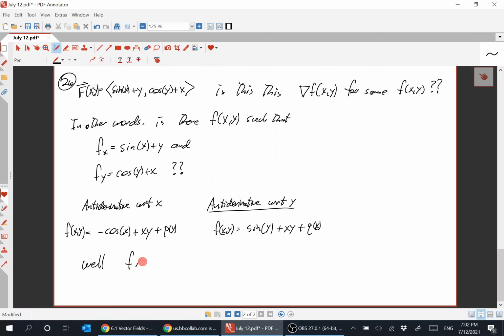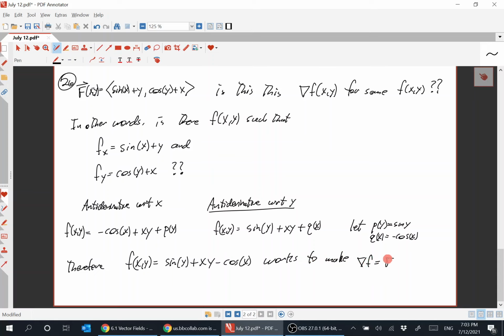What would it be? Well, f(x, y) equal to, if I let p of y be equal to sine y and q of x be equal to minus cosine x, and therefore f(x, y) equal to sine y plus xy minus cosine x works to make the gradient of f equal to the vector field F. Here, this is xy minus cosine x plus this function of y.